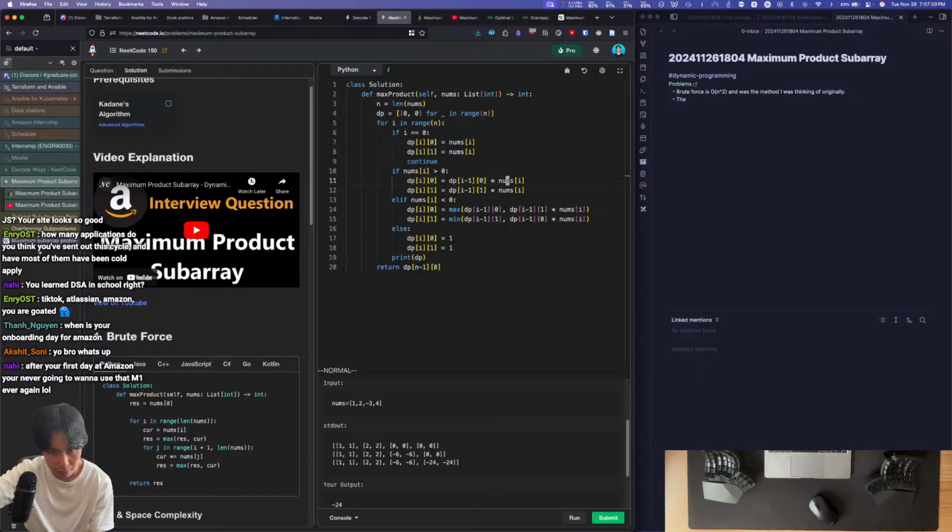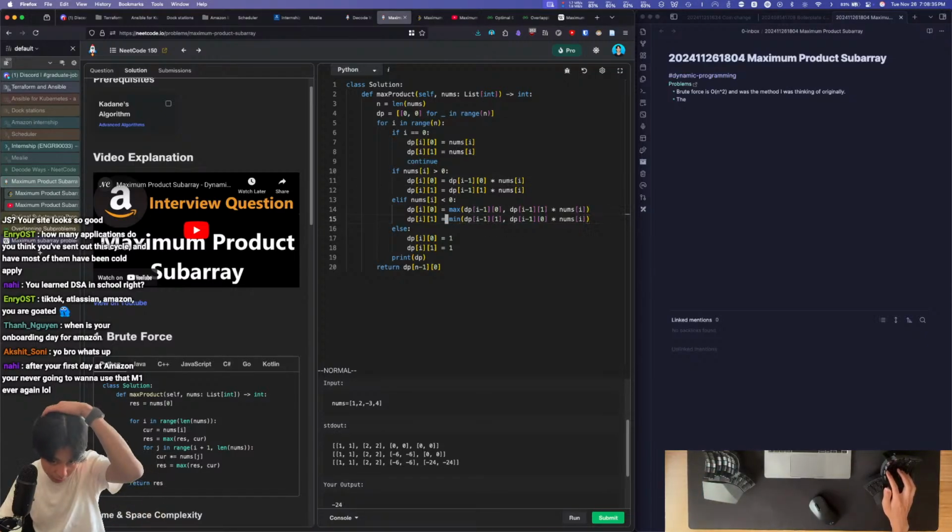If you do the max of the previous and the now, and the min of all of that, maybe you don't need it. If it's negative, then you know it's always going to be negative. Okay.